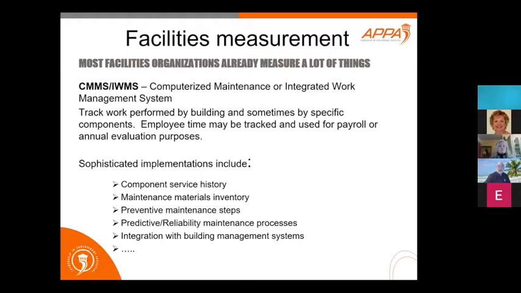Sophisticated implementations of a facilities management system or CMMS include the component history, as I mentioned, maintaining your maintenance materials inventory, providing for preventive maintenance steps, maybe even utilizing predictive or reliability-based maintenance processes, integrating with your building management system so you know if a fan is not operating as it's supposed to, maybe it's hooked in with a CMMS and you get a warning flag or an automatic work order is generated, and a number of other things.